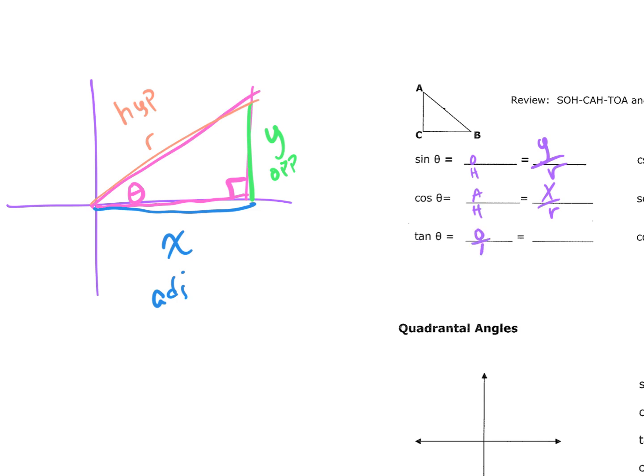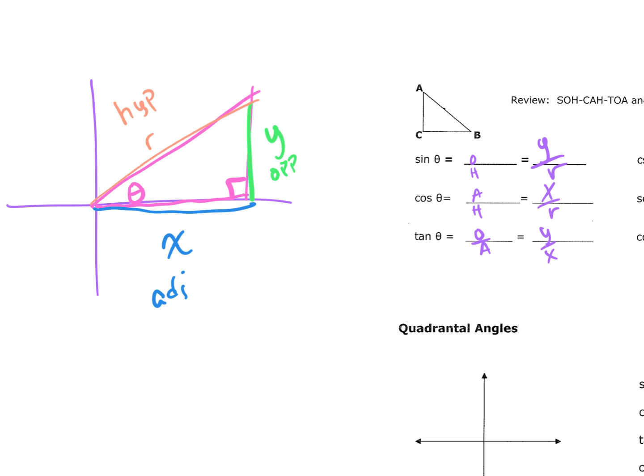So opposite over adjacent, using x's and y's and r's, that means we have y over x. Okay? All right. So, yes, something new to memorize. For the sine ratio, we're going to think y over r. For the cosine ratio, x over r. And for the tangent ratio, y over x.